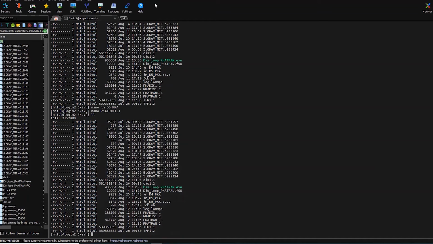Is this screen visible to you? Are you okay with this screen? Font size? It is visible, but it would be great if you increase the font size a little bit. We can't see properly. Let me check how to do it. Press Control plus.